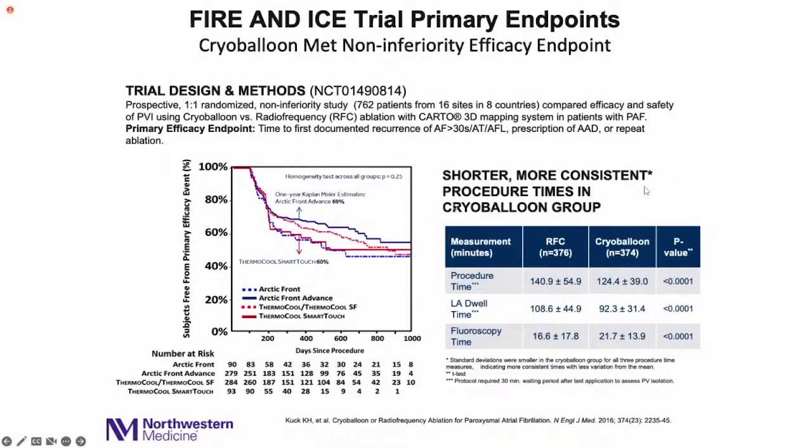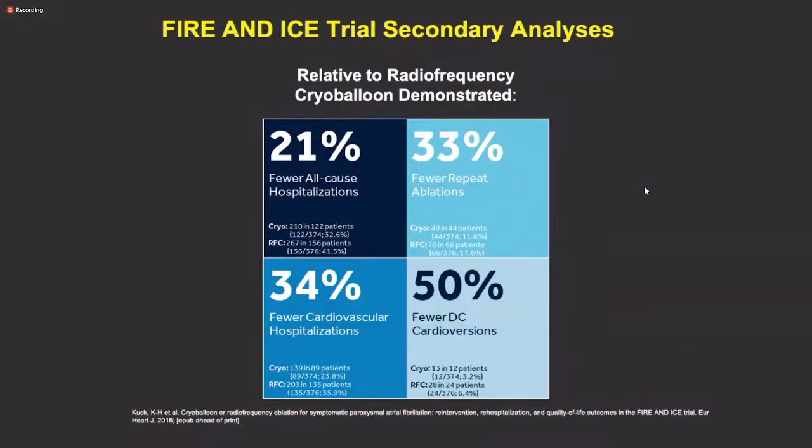As I've tried to argue, I think it's a more reproducible procedure, shorter procedure times, lower risk of some complications, including tamponade. And these trials ignore what happens in the blanking period. We use the blanking period importantly to really look at the benefit of the technology, but there are experiences that patients have in the first 2 months that we can't ignore, such as rehospitalization for heart failure, rehospitalization for recurrent atrial fibrillation, and early complications.